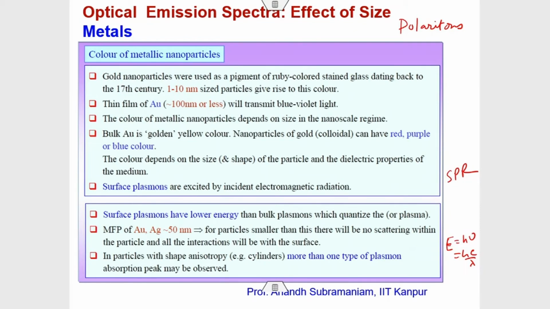So, whenever these gold nanoparticles come to the cancer cell, this drug will be released and the cancer cells can be killed. So, this is very commonly done in the medical sciences.